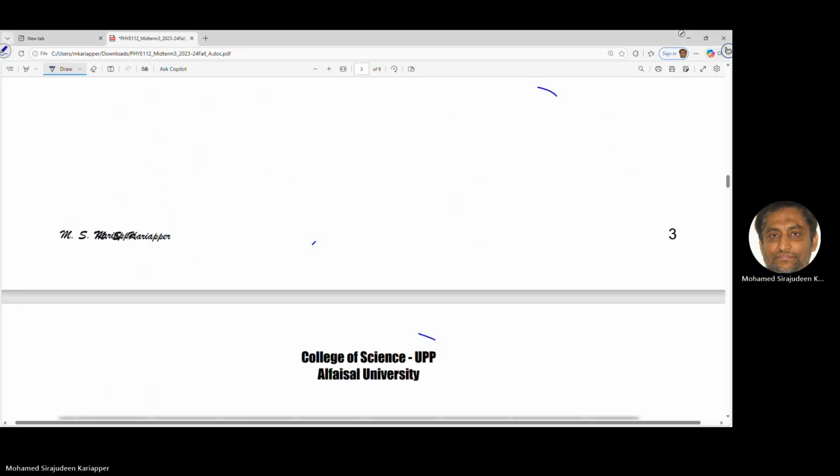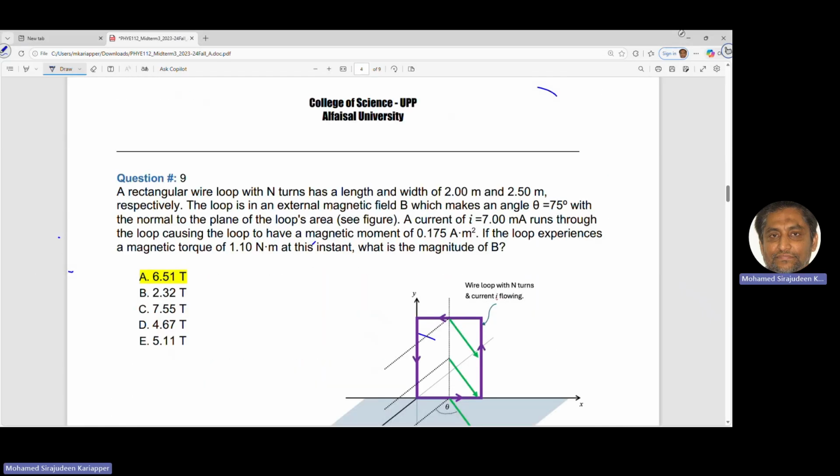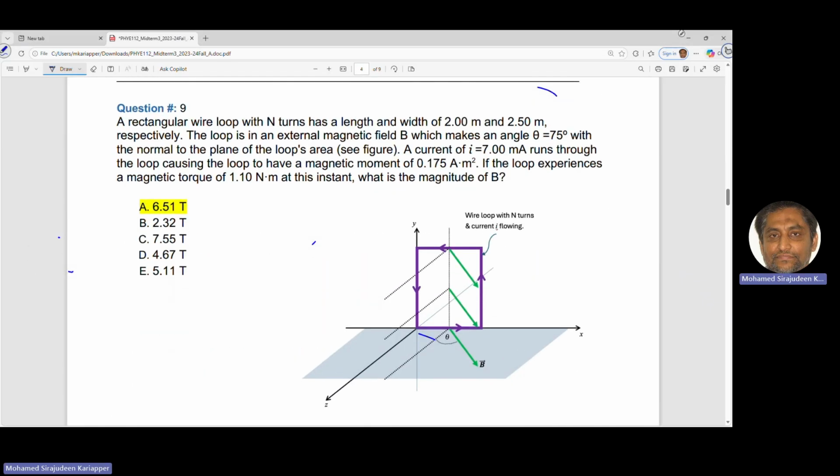Number 9. It's the same thing. Actually, one question broken into two, if you can say that. Here again, we are using the same thing. He is giving the magnetic moment like before, and he is giving a torque, and asks for the magnetic field.